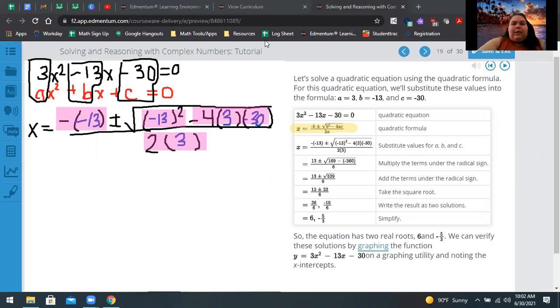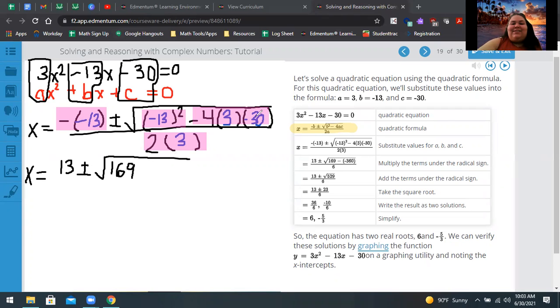So right here, we have x equals negative times negative 13, which is a positive 13, plus or minus. Now let's draw our square root, but continue solving. Negative 13 squared is 169. Then we have negative 4 times 3, which is negative 12.